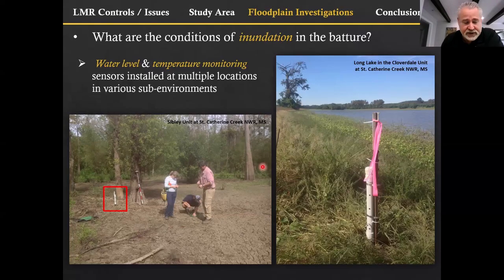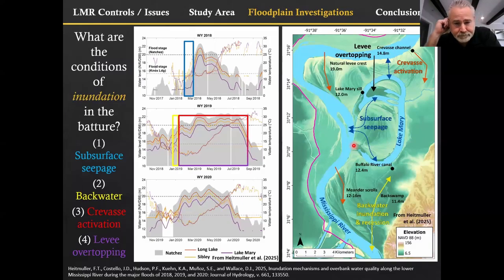And so we installed water pressure, water level sensors, and water temperature sensors at a number of locations across these embanked floodplains, including back swamp environments, ridge and swale, meander scroll environments, and an oxbow lake, to monitor the conditions of overbank inundation that we would expect to find and how this might influence sedimentation in different parts of the floodplain.